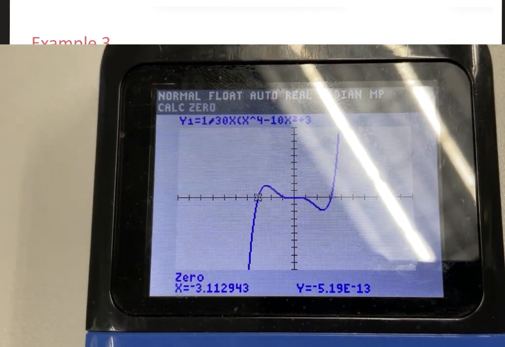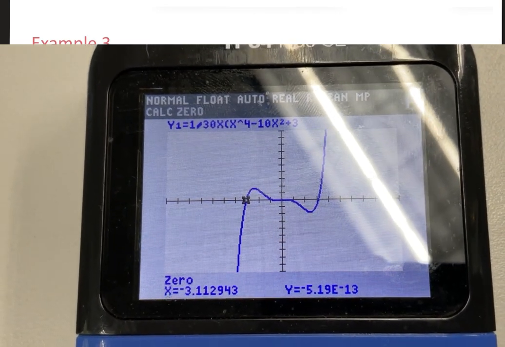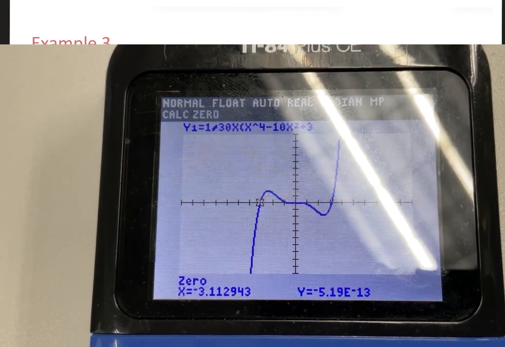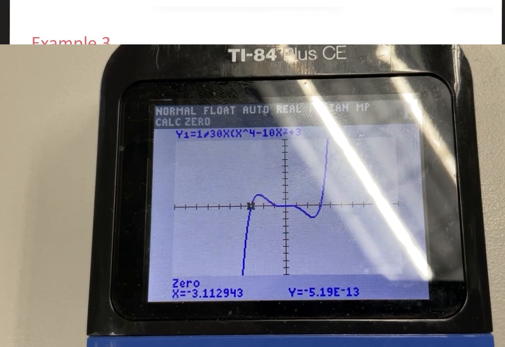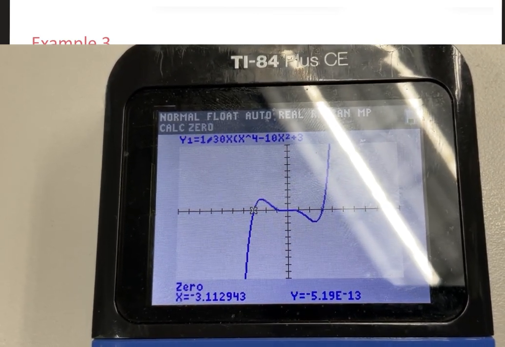What does it say? Negative 5.19 e to the negative 13th. Do you know what that means? There's 13 zeros in front of that 5. This is scientific notation. So that number is so teeny tiny, it doesn't know what to do with it. It puts it in scientific notation, okay?